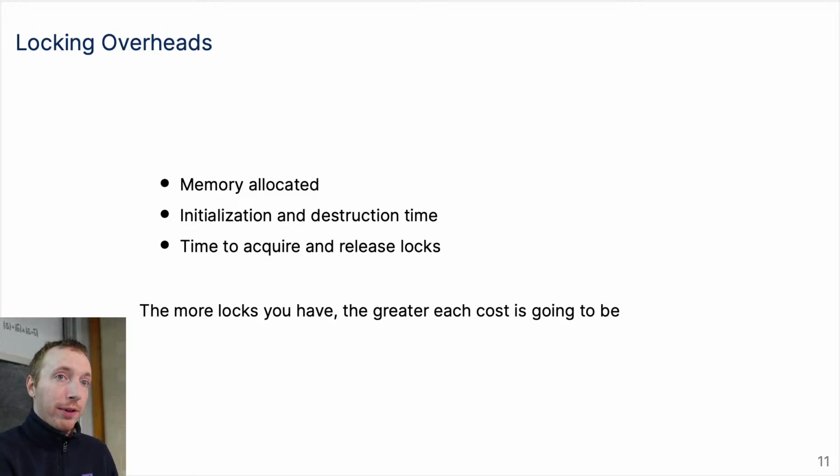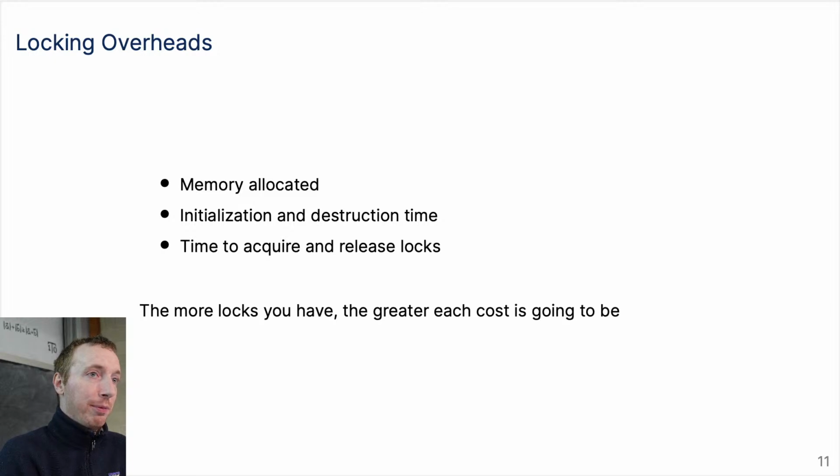For example, for locks, there's going to be some memory overhead. If you create 1 billion locks, you can't create them for free. They have to be stored in memory somewhere. If you have 1 billion of them, even if they only take up a few bytes, they're still going to waste a lot of space. There's a cost to initialize them and destroy them. There's also time required to do the lock and unlock calls.